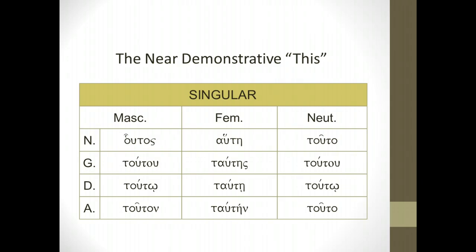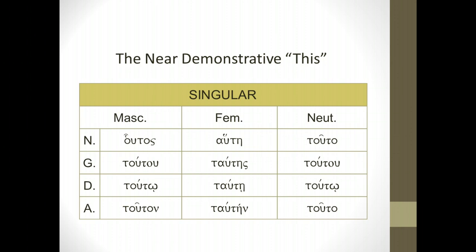So instead of just to in the genitive active, we have tutu. In the feminine, instead of taste, it's tautes. And in the dative, for instance, instead of to, te, to, it's to, taute, to, to. And so these are pretty easy to remember. You just need to add either a to or a tau at the front, and you need to memorize the genitive on their own.